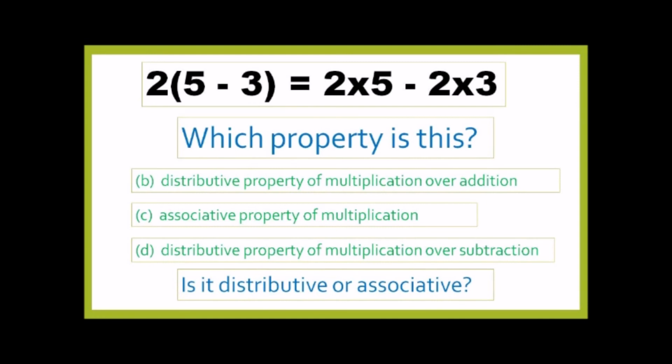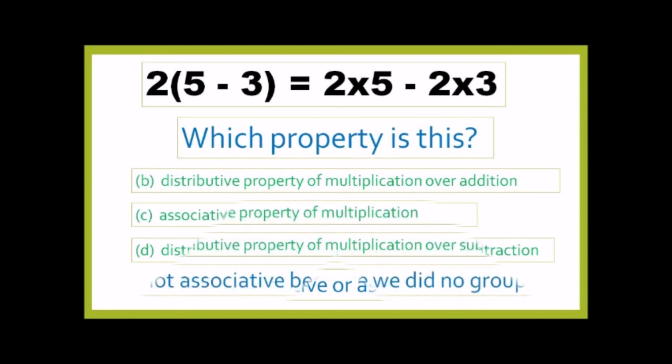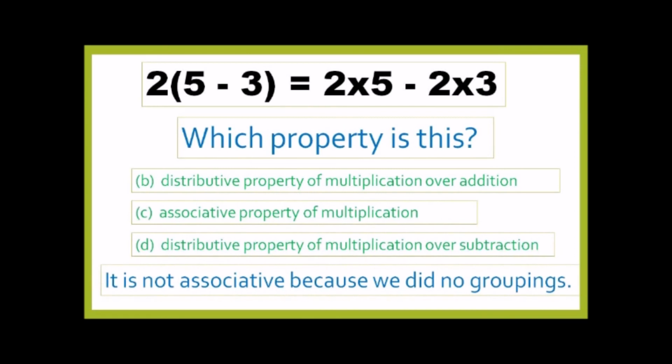It is not associative because we don't have parentheses at the front and the back, so you're not associating or grouping. It can't be that, so it has to be a distributive property.